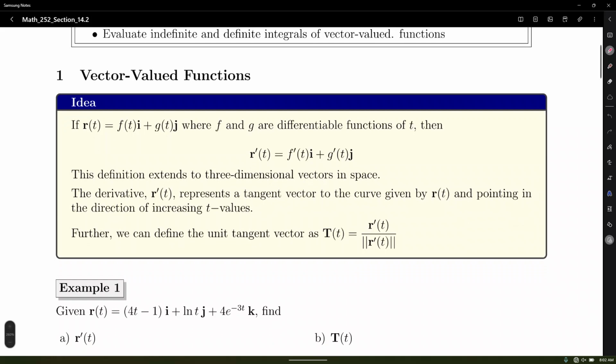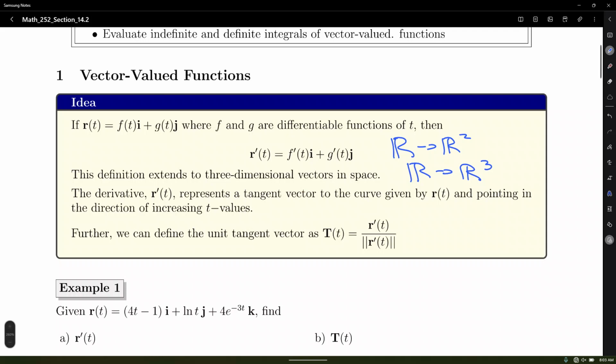So, if we have a vector-valued function r of t with components f of t in the direction of i, g of t in the direction of j, notice we're only working with one variable, one input, for which we may go from R to R2, or from R to R3, depending on whether we're working with vector-valued functions on the plane or in space. Our input is one single value, our output a 2D vector or a 3D vector.